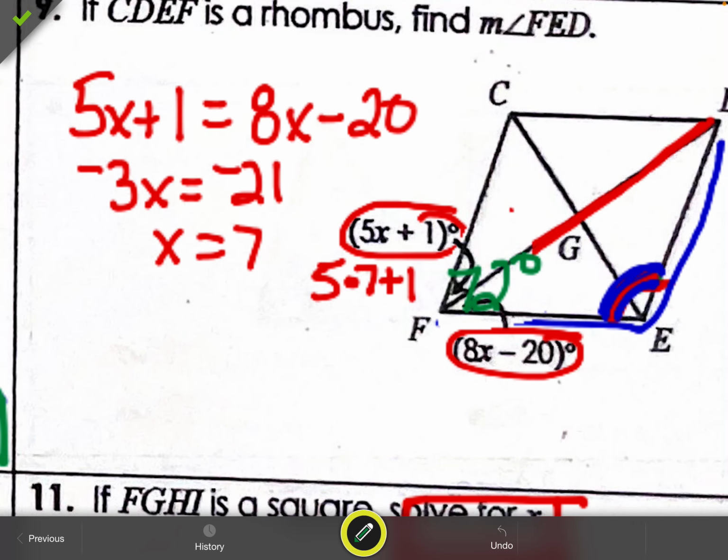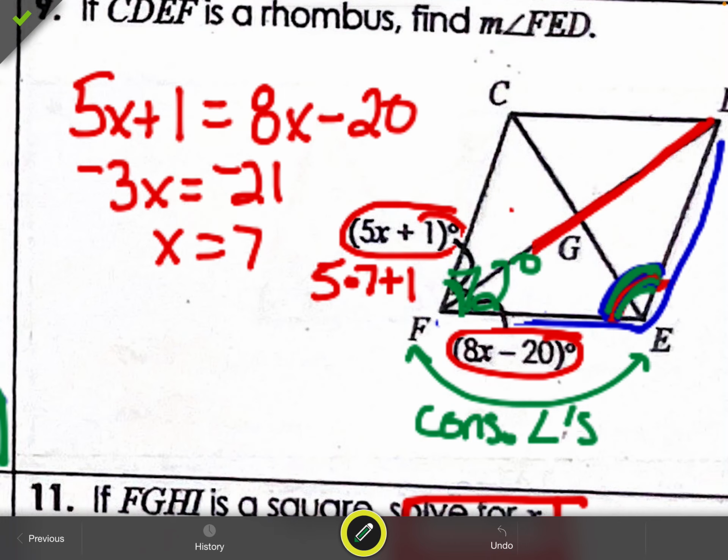Well, now you have to think back to way back when we first started talking about parallelograms last week. What do you know about this entire corner F and this entire corner E? What kind of angles are they? Opposite or consecutive? Angle F and angle E are consecutive angles. What do we know about consecutive angles? Consecutive angles are supplementary, which means they add up to 180.